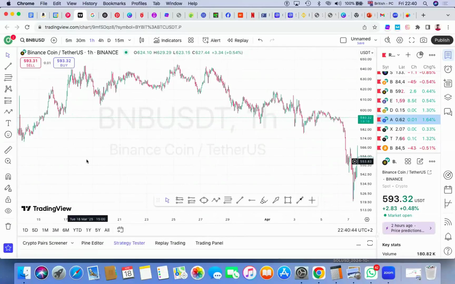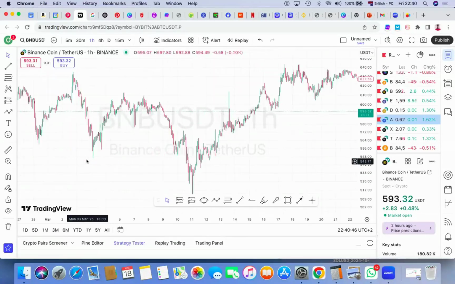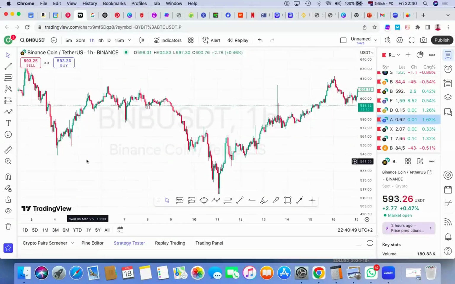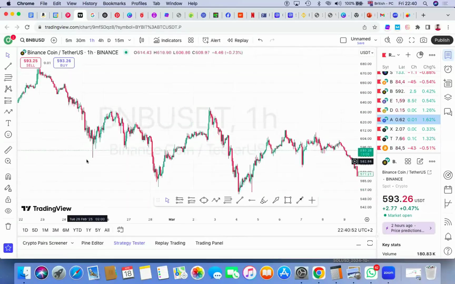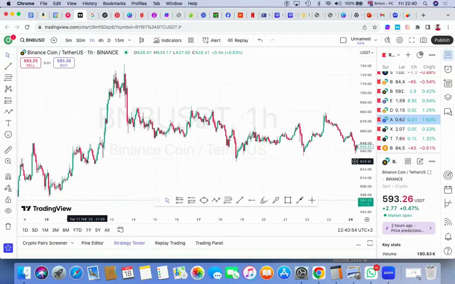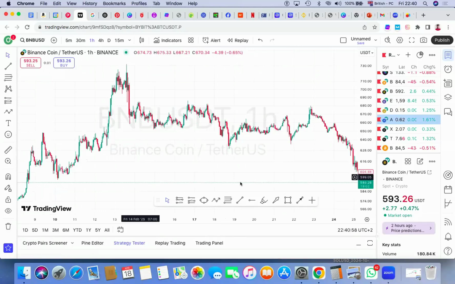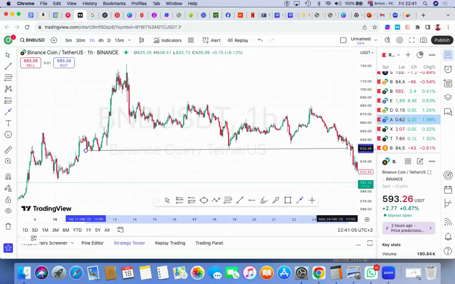So now let's look for the last scenario, which is our sideways trend. So this is a perfect example. Not actually. Sideways trend, let's see. From here.